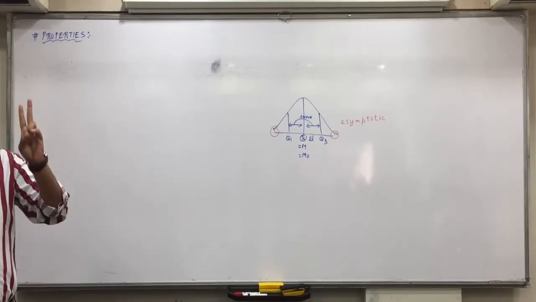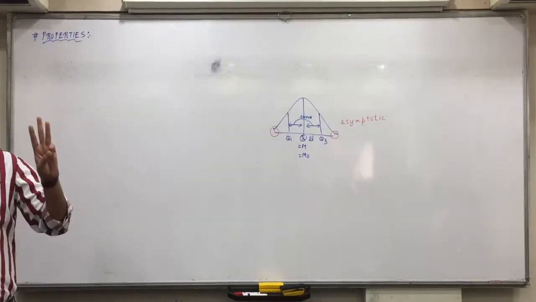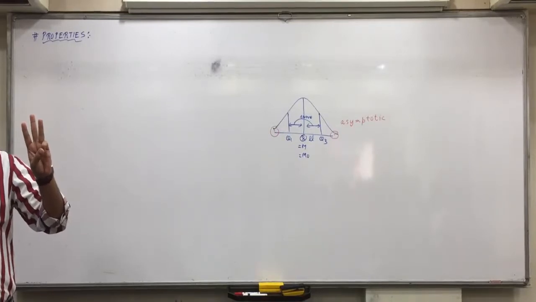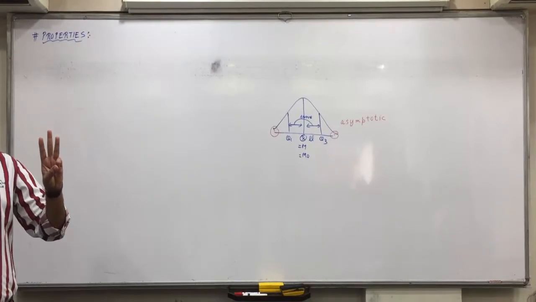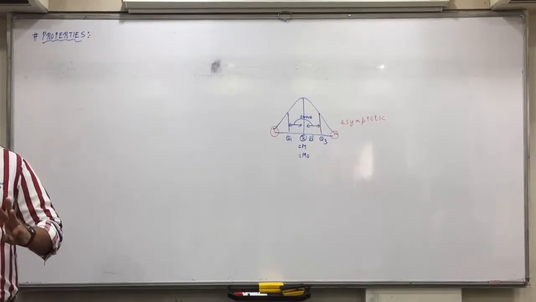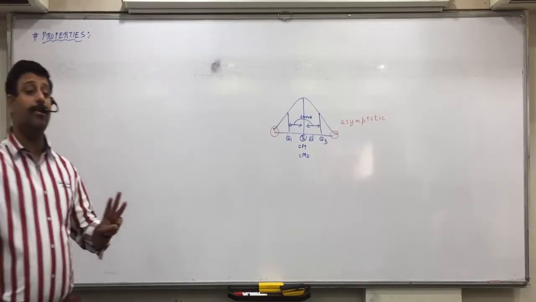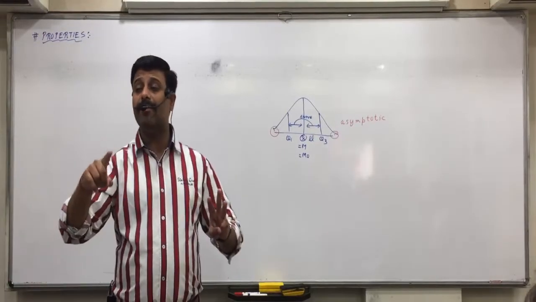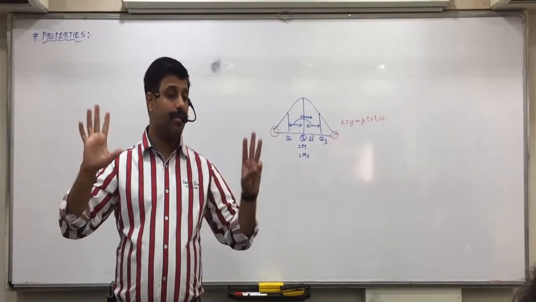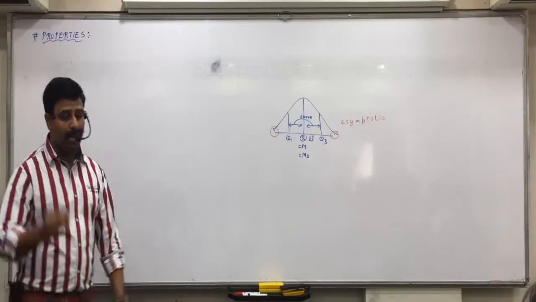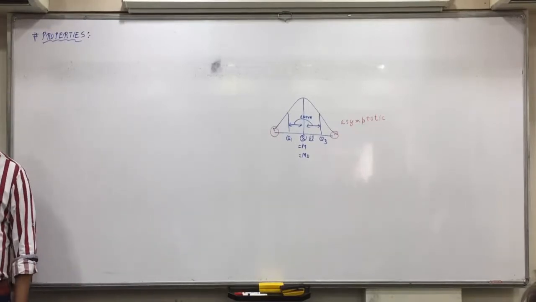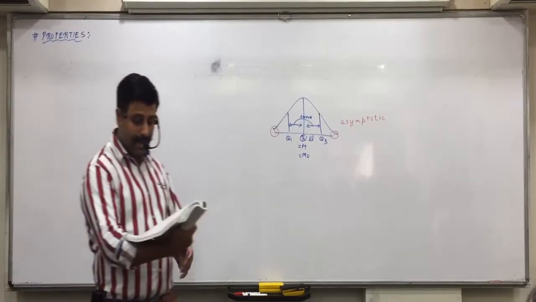Then asymptotic. And one more, mu and sigma are the parameters. Without mu and sigma, we cannot obtain any probability in this chapter, like in binomial we could not obtain any probability without n and p. So 8 properties out of 11 you already know. Remaining 3 only I have to explain. Understood, everyone?